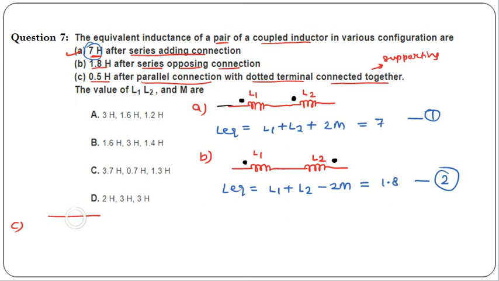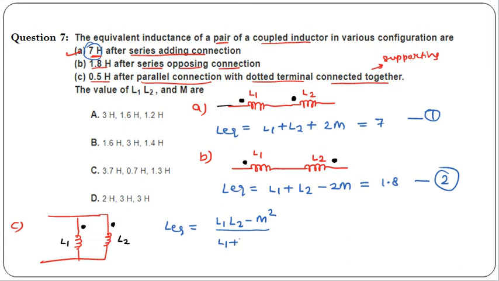Here we are having two coils, connected in parallel, and both the dots are connected together, like this. Suppose this is L1 and this is L2. For this case we can find out L equivalent. It will be given by L1 L2 minus M square divided by L1 plus L2.